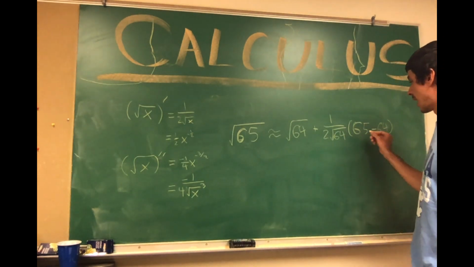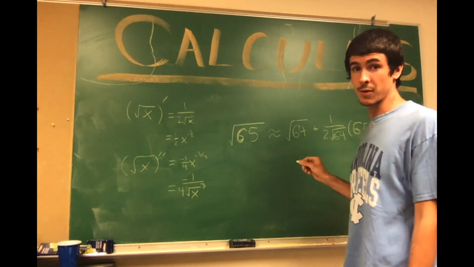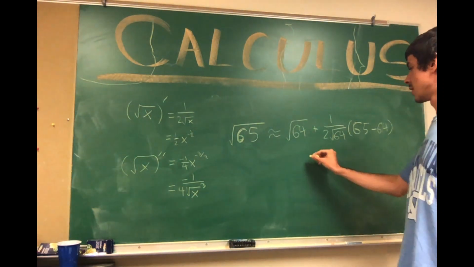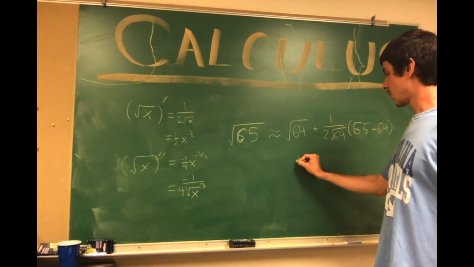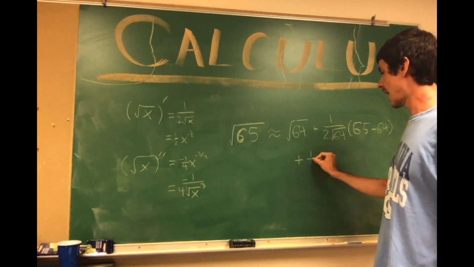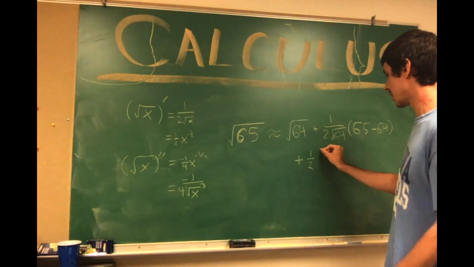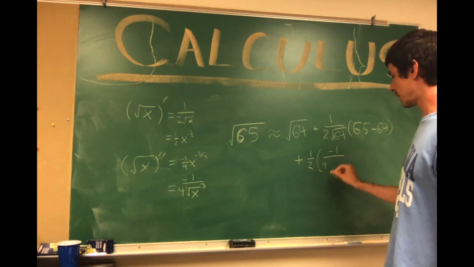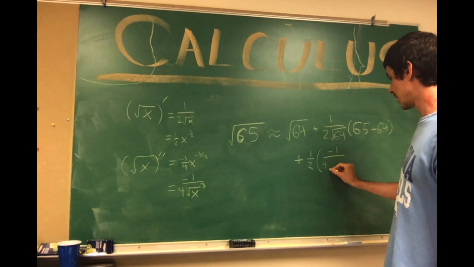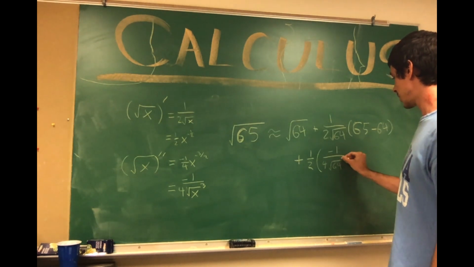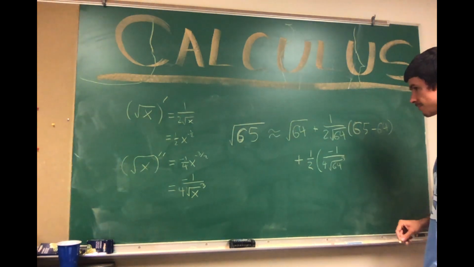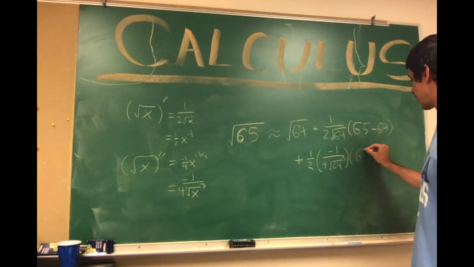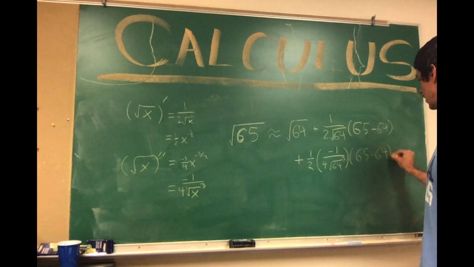So in our second order, or we can call it quadratic approximation, we add in 1/2 times the second derivative, which is going to be negative 1 over 4 times square root of 64 cubed, multiplied times 65 minus 64 squared.